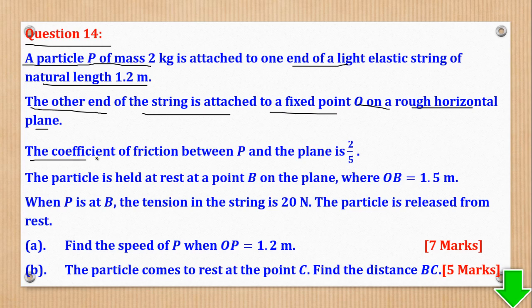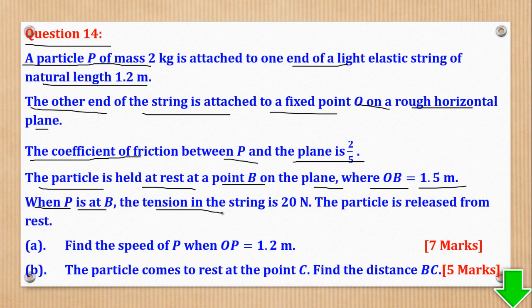The coefficient of friction between P and the plane is 2 over 5. The particle is held at rest at a point B on the plane where OB is 1.5 meters. When P is at B, the tension in the string is 20 newtons. The particle is released from rest.